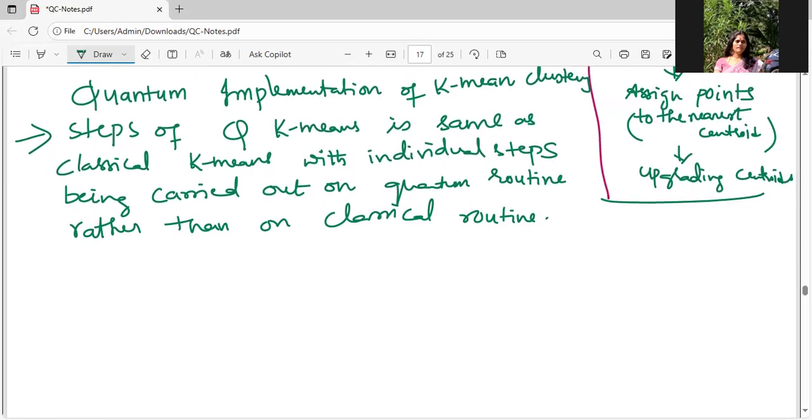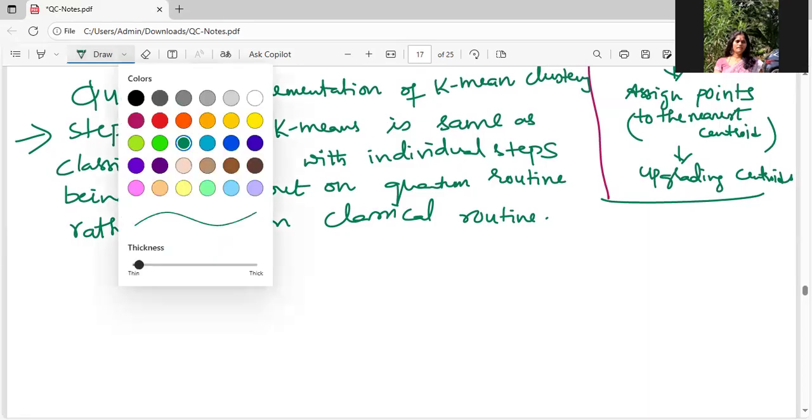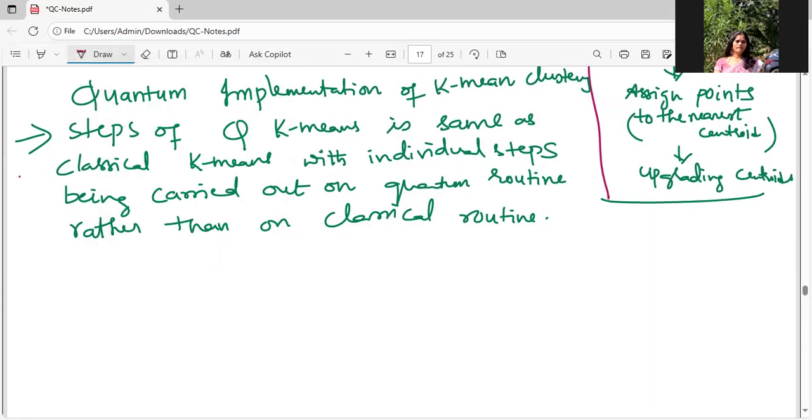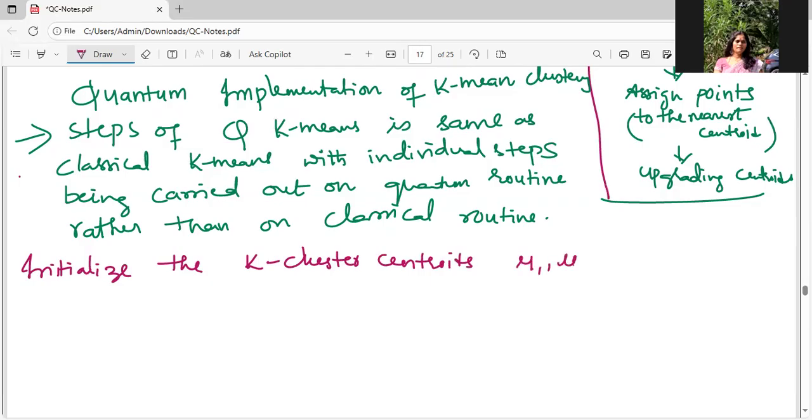Now, as mentioned about k-means, first is initialization. Initialize the k cluster centroids. I'll call them mu1, mu2, and so on, mu k.